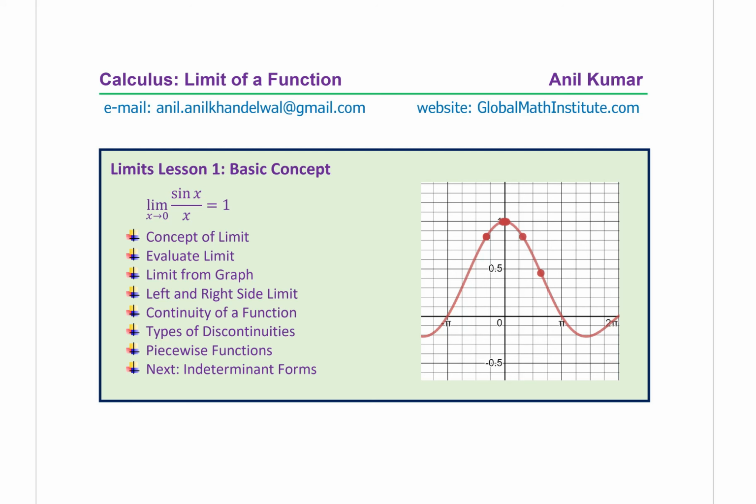Perfect. To summarize, we could find the limit for any function when x approaches some value. Approaching means not being there, very close. So we are looking for very, very close, not exactly at x equals a. Perfect.